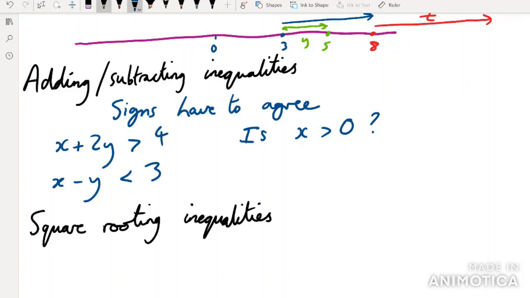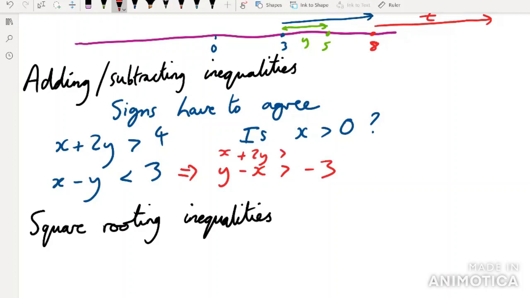That's true, except there's nothing stopping you from rewriting this one as well. If we bring the y and the x to the other side and flip the sign, y minus x is greater than minus 3. We've just reversed everything, and now we are in a situation where we can start adding and subtracting.